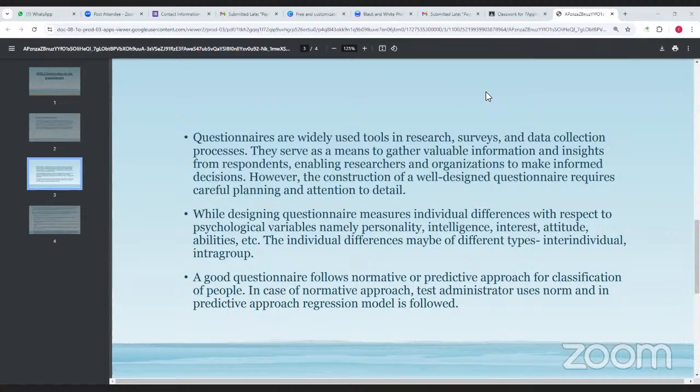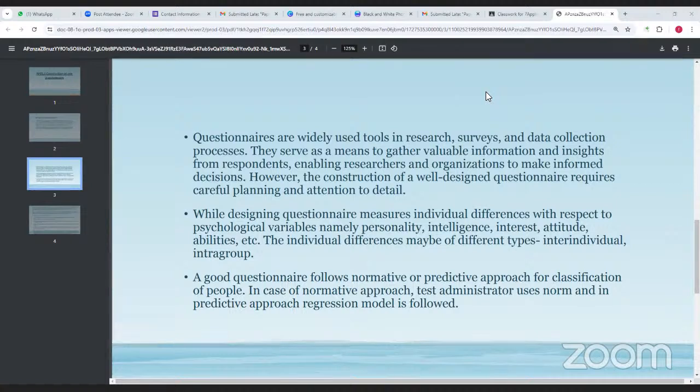For example, in the case of the intelligence test, we are following the norm by age. In the case of the personality test, we are following the norm. But in the case of attitude, for example, attitude towards hospital, we are not following the norm. We are following the predictive model.